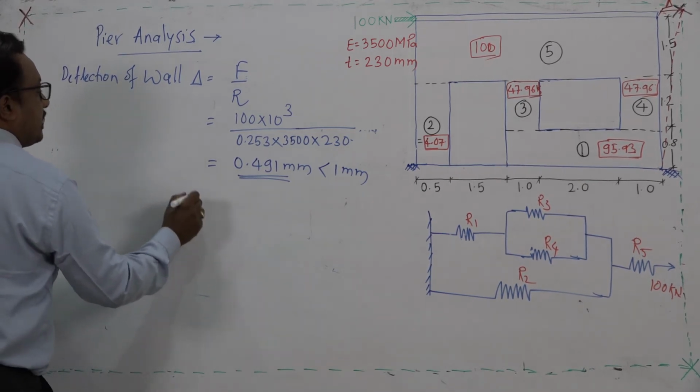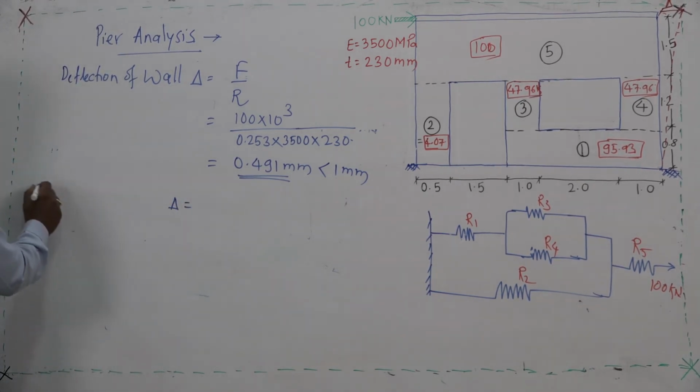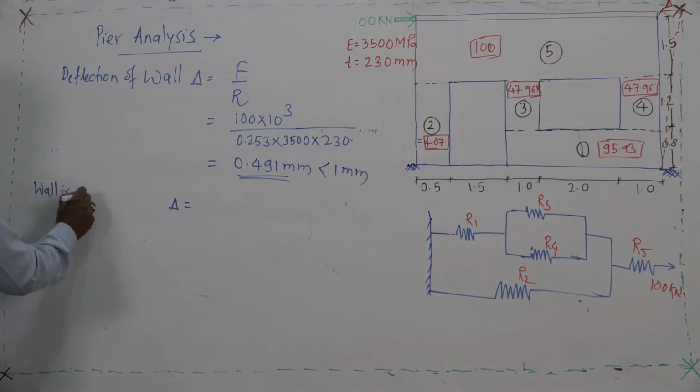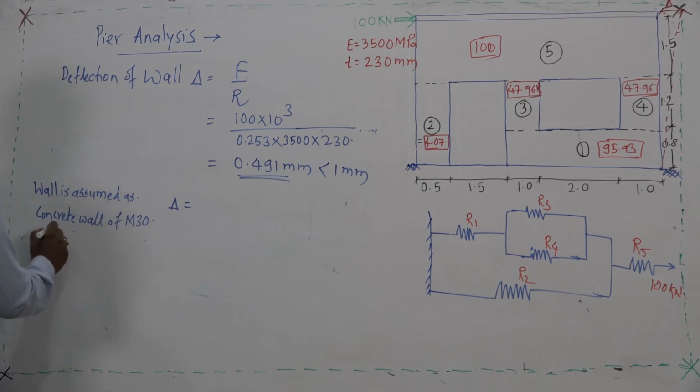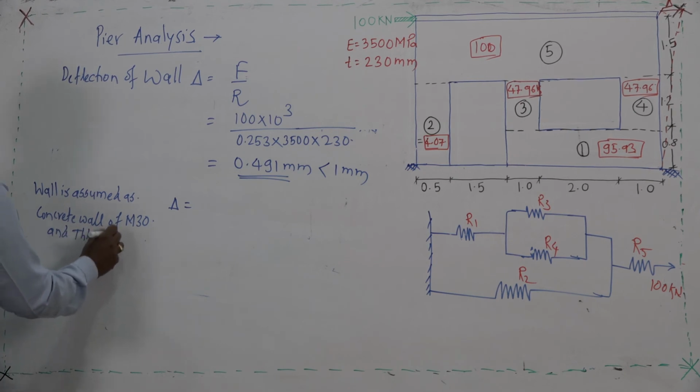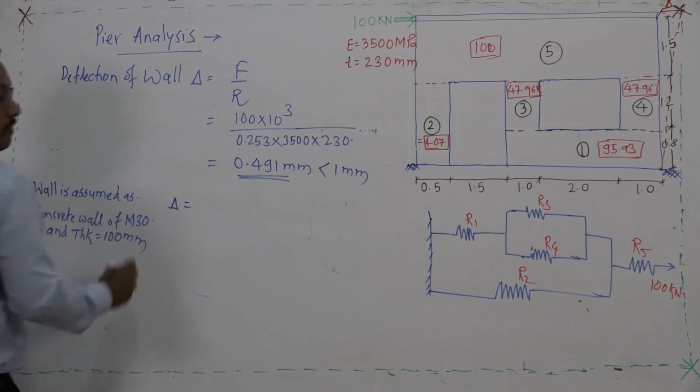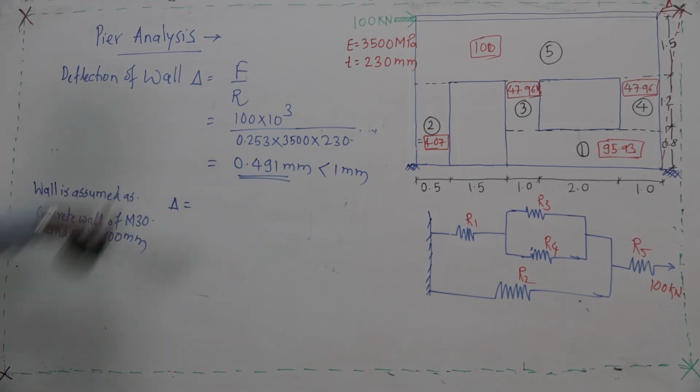So, I will consider now the deflection if the wall is assumed as a concrete wall of M30 grade, M30 and thickness of 100 mm. So, only the variable will be the ET value.